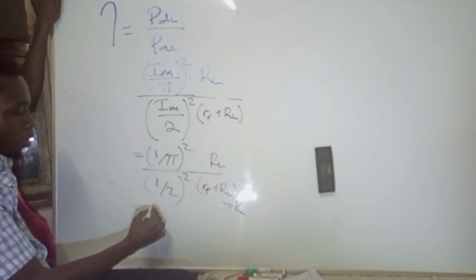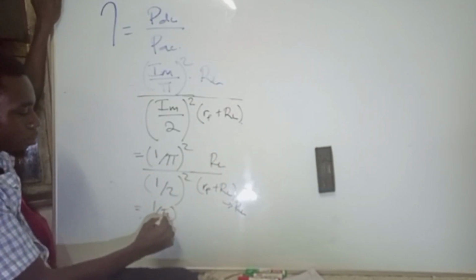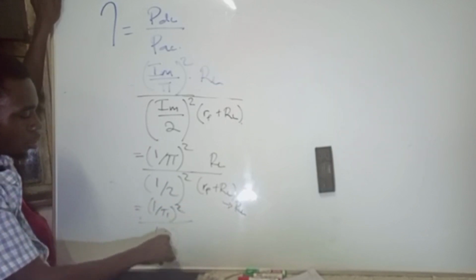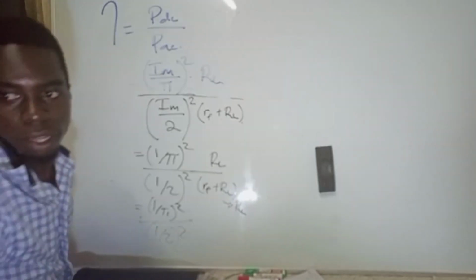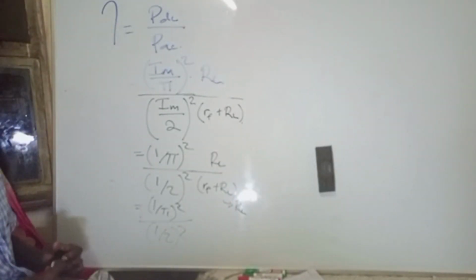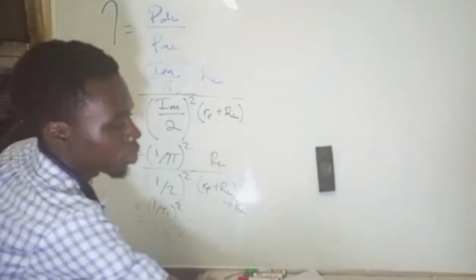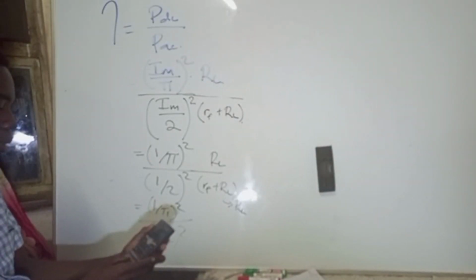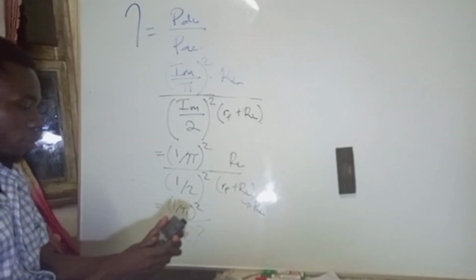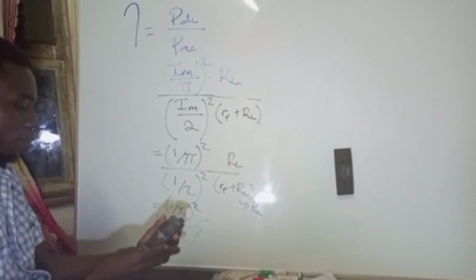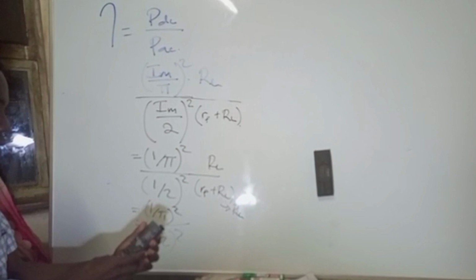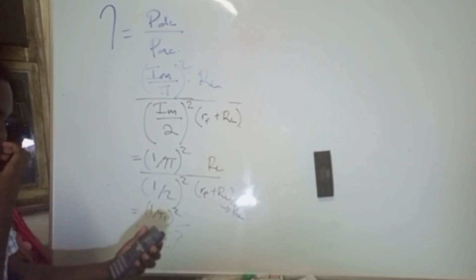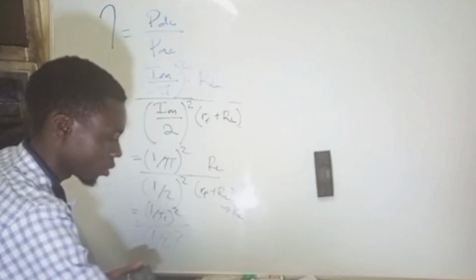So I'll simply remain with 1 out of pi squared divided by 1 out of 2 T squared. So with that, when you use your calculator and you put in 1 divided by pi T squared, then you divide it by 1 divided by 4 but squared. Okay, what do you get?